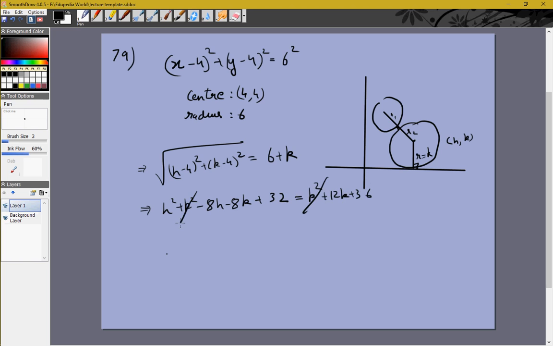Now k squared and k squared cancel, and the moment they cancel, you know that this is not the equation of a circle, this is actually the equation of a parabola, because you'll have h squared and k, you won't have any k squared. So the answer will be option 4, a parabola.